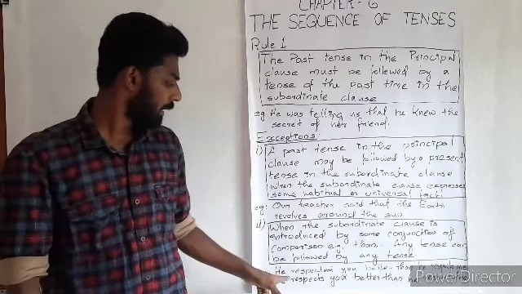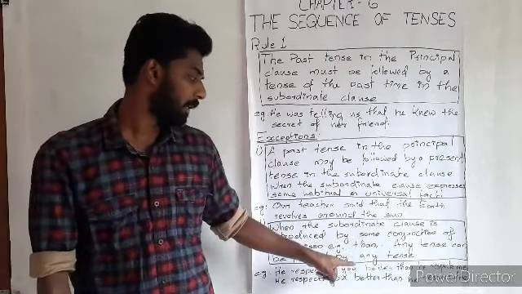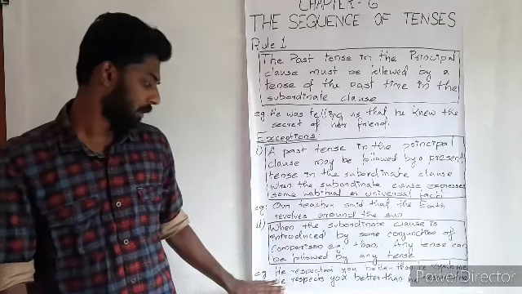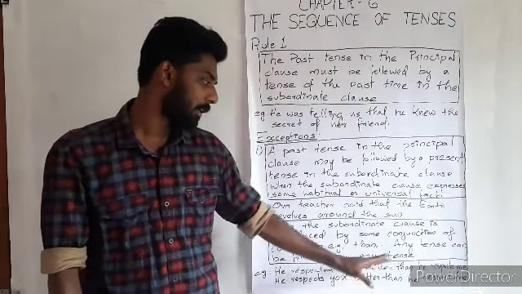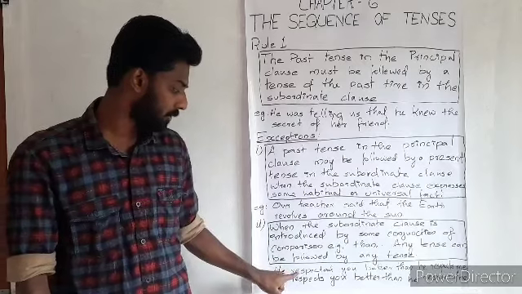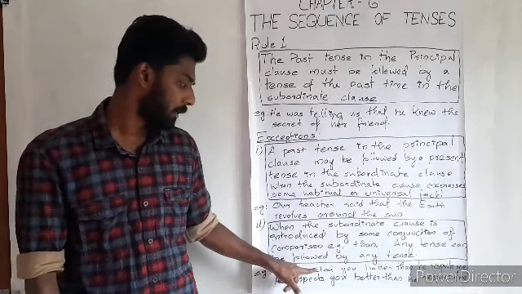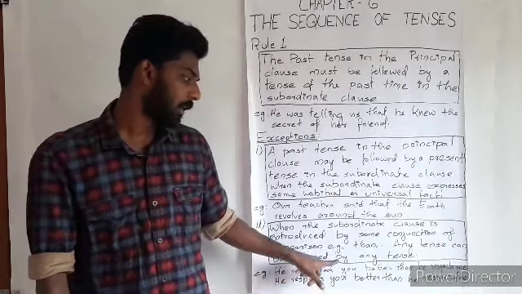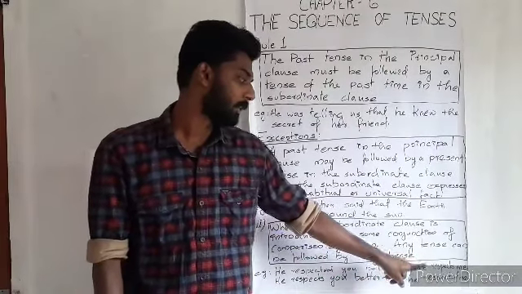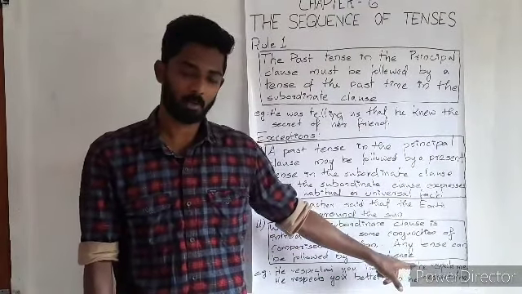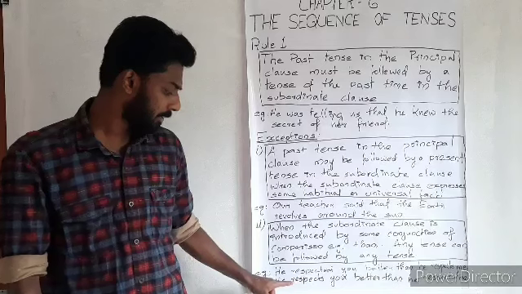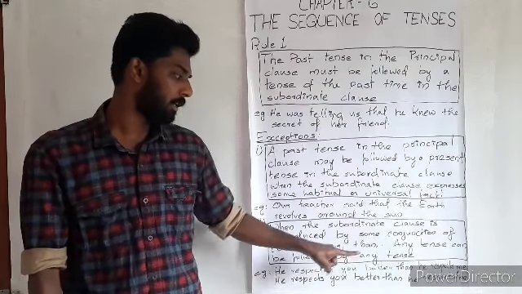examples are given here. He respected you better than he respects me. He respects you better than he respected me. So here in the first one, it is past tense in the principal clause, and it is the present tense in the subordinate clause. In the second example, he respects you better than he respected me.